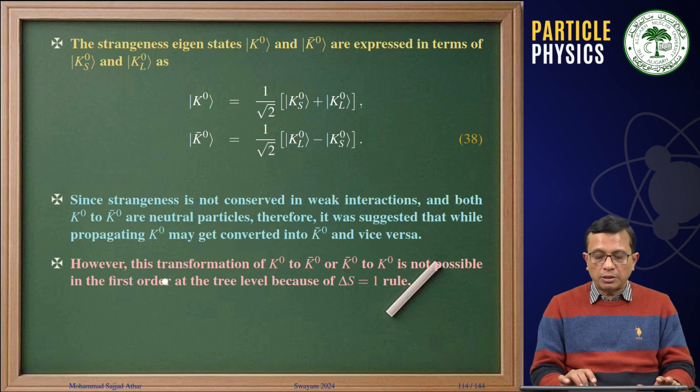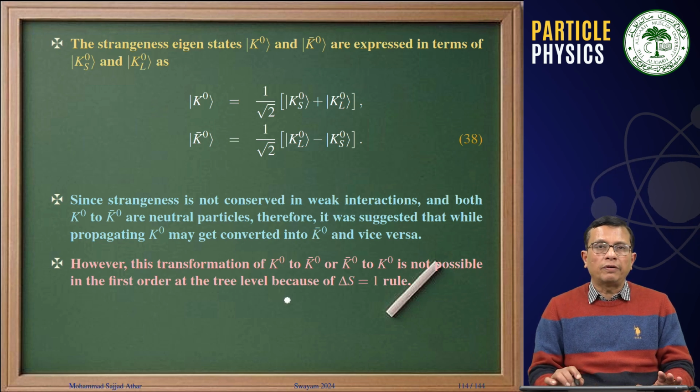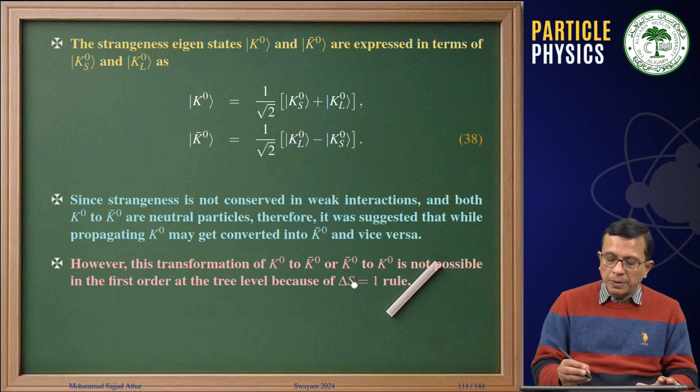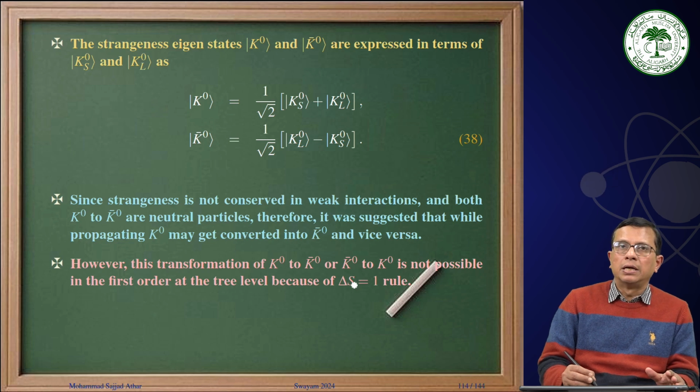However, this transformation of K0 to K0 bar, or equivalently K0 bar to K0, is not possible in first order at the tree level because of the delta S equal to 1 rule. And before going ahead, let us talk about the delta S equal to 1 rule.